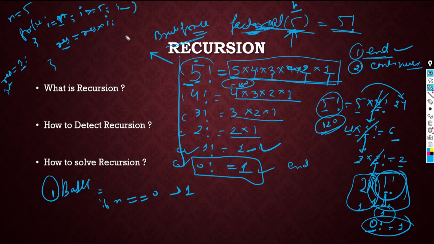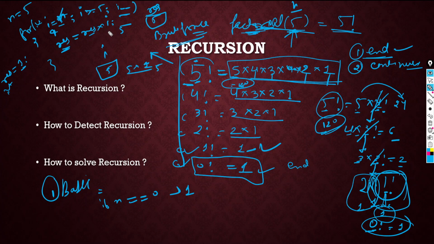For 5, let's suppose i is 5. Here the value will be 5 into result, which is 1, so it will be 5. So first we have got 5, and result 5 has been stored. Now the value has been decremented to 4.